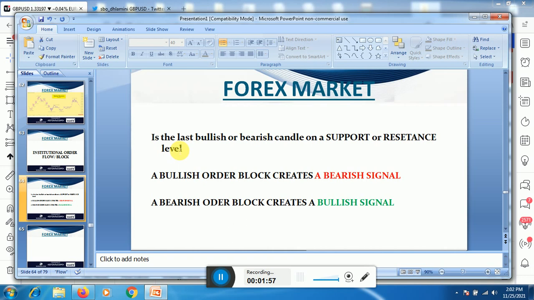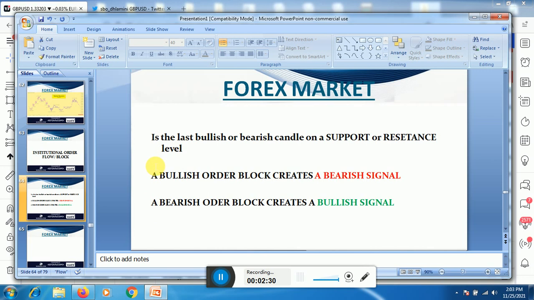Right. So a bullish order block creates a bearish signal. A bearish order block creates a bullish signal. These 2 points are very important. Firstly, you should know the definition of the order block or order flow, and you have to know what these 2 points actually mean.